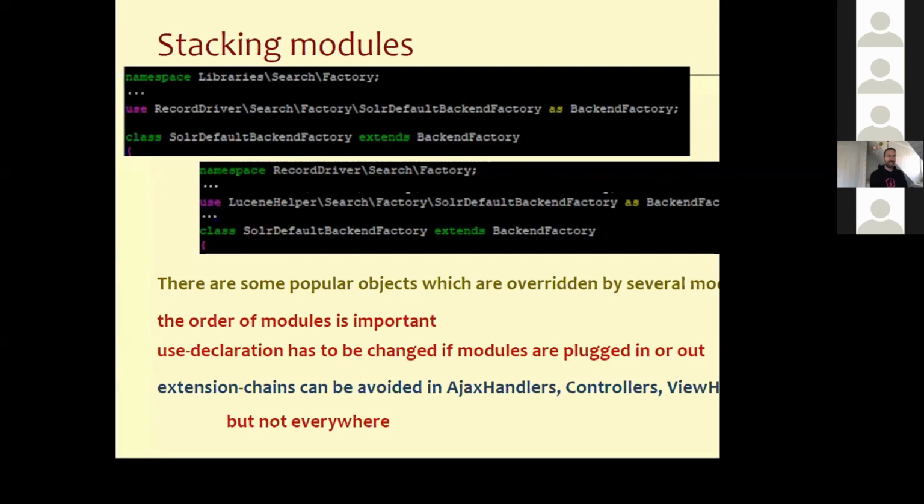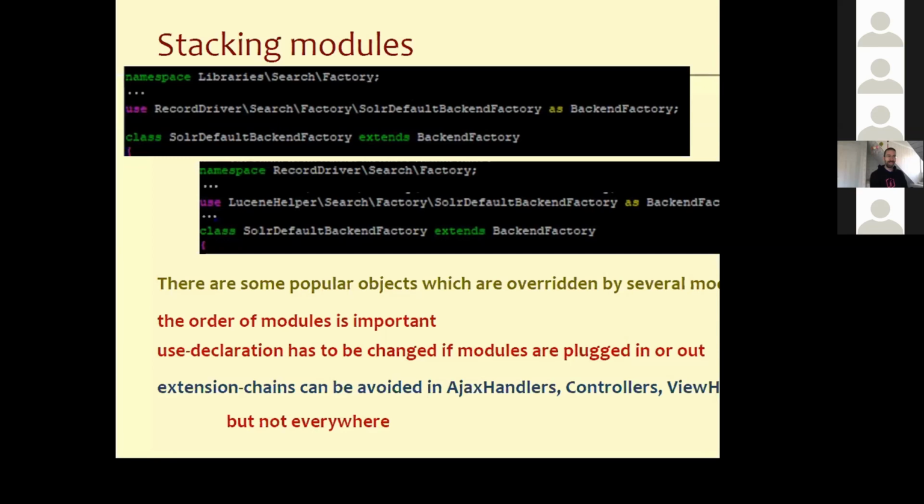One example for those popular objects is the Solr Default Backend Factory. The Solr Default Backend Factory collects all those features which are needed to create requests for the Solr server and pre-process the answer it gets.